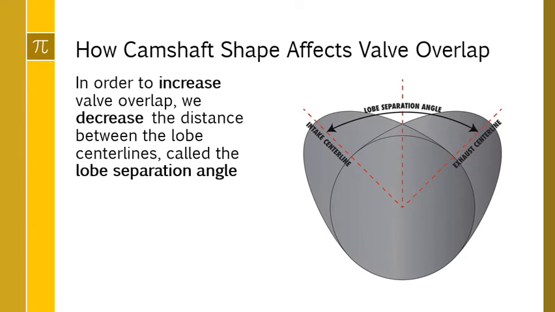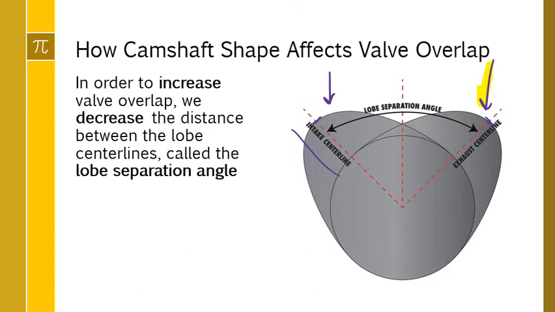And the last thing I want to mention before we get into drawing these event diagrams is the camshaft shape affecting the valve overlap. So here we see a Mickey Mouse picture of a camshaft with an exhaust lobe here and an intake lobe here. That center line represents the maximum opening, the highest valve lift. And we see that the angle between the two is the lobe separation angle.